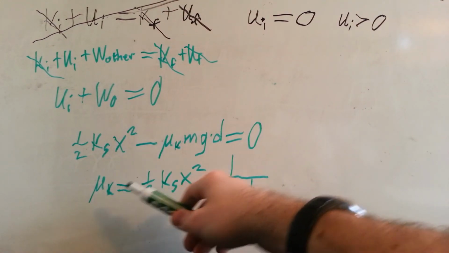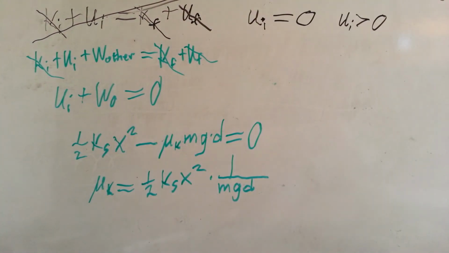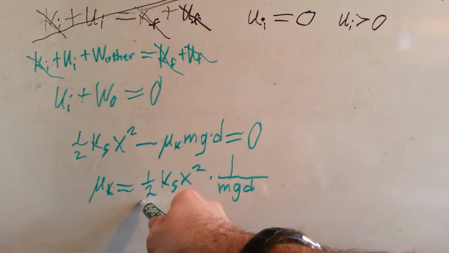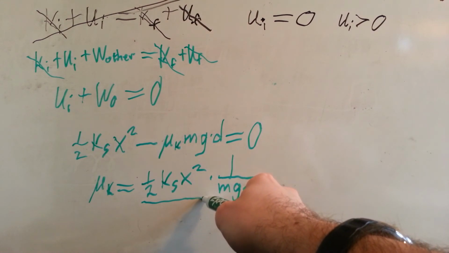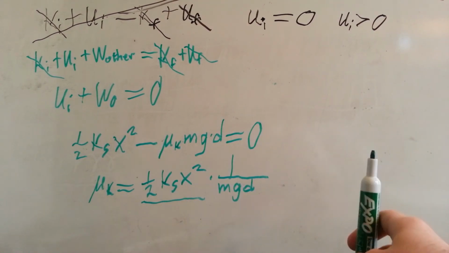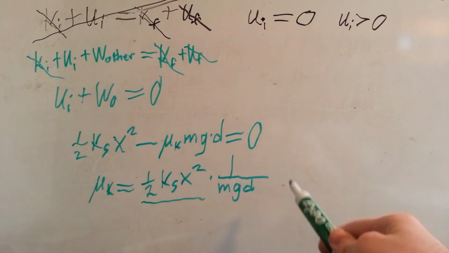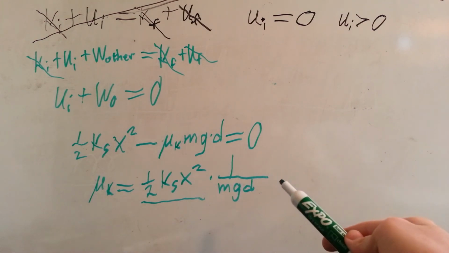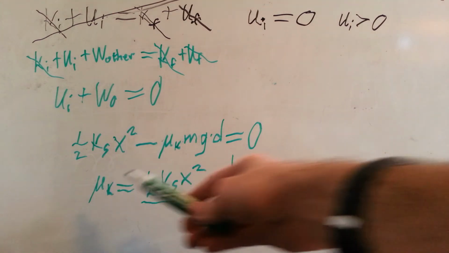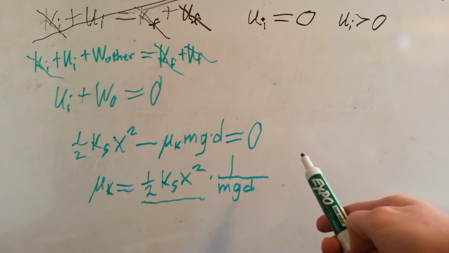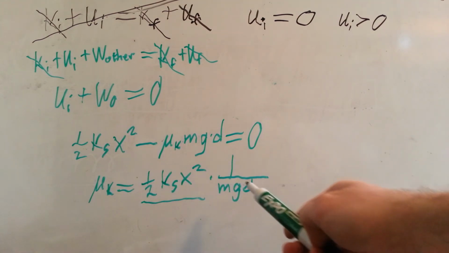So just to review, we found the coefficient of kinetic friction, mu sub k, by just having the initial potential energy, which is this guy, and the final state of the two objects. And from that, we found mu sub k, which, in my opinion, is pretty cool.